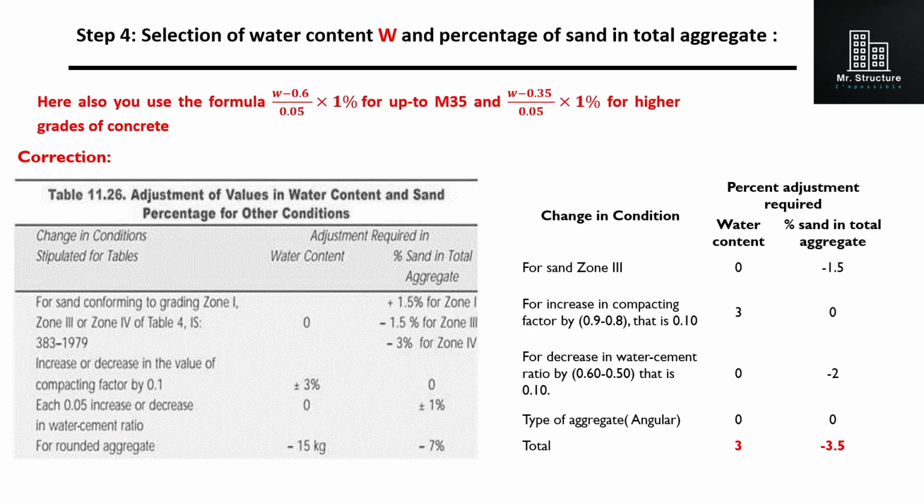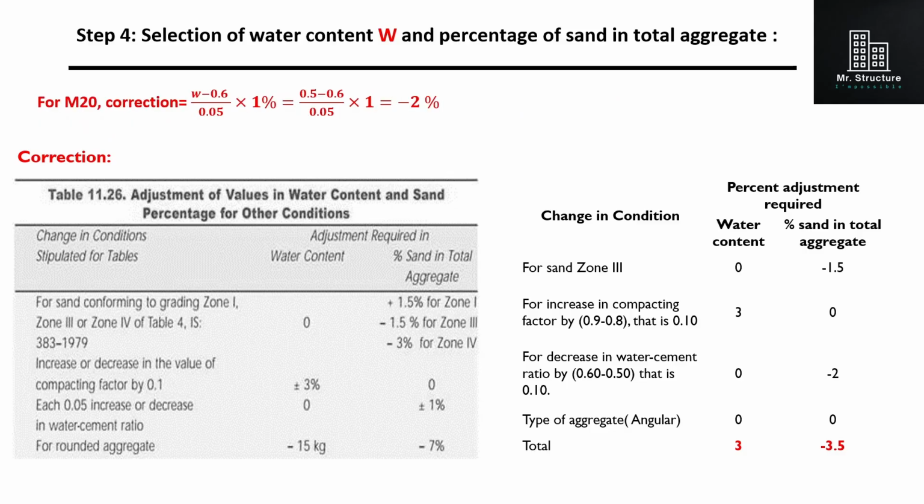Here also, you can use the formula (W minus 0.6) by 0.05 into 1% for up to M35 grade concrete and (W minus 0.35) by 0.05 into 1% for higher grades of concrete. For M20, correction is equal to (W minus 0.6) by 0.05 into 1%.